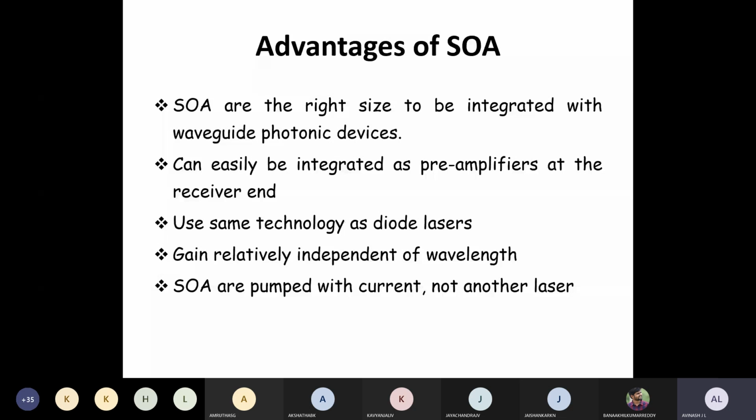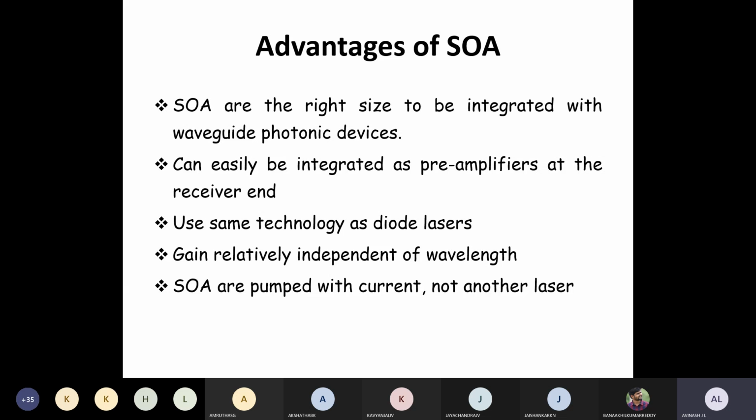Its application is vast. When we use this technology of producing lasers, the amplification in the amplifier will be very high.